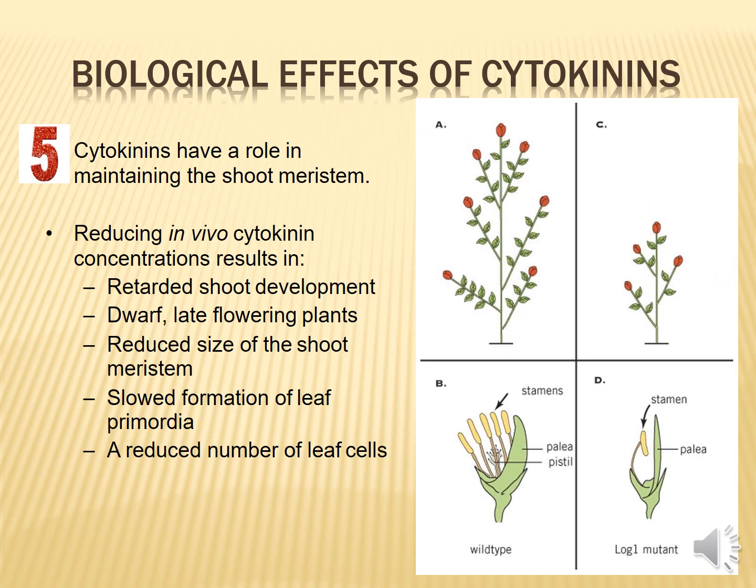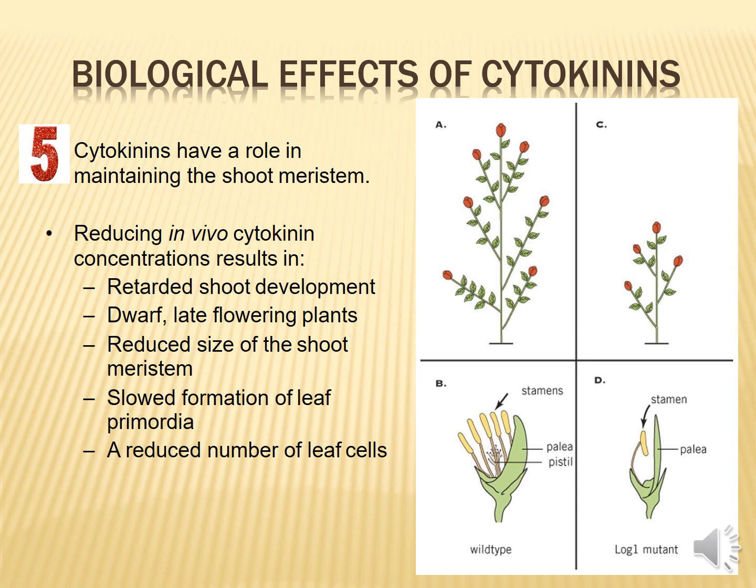Now we look at the function of cytokinin in maintaining the shoot meristem. This plant hormone also maintains the shoot meristem, where the shoot meristem is the part of the plant with high shoot production.